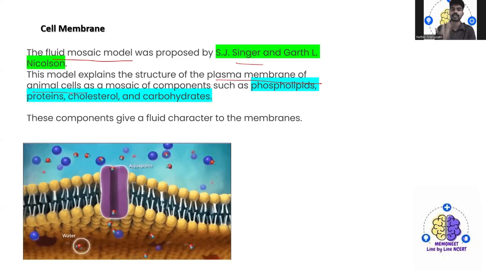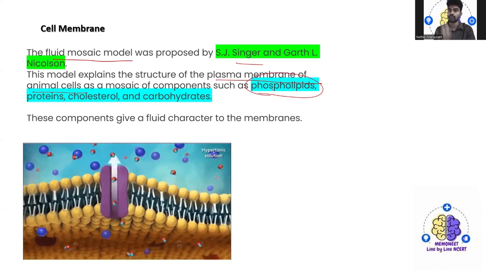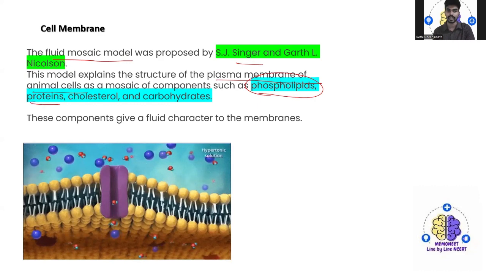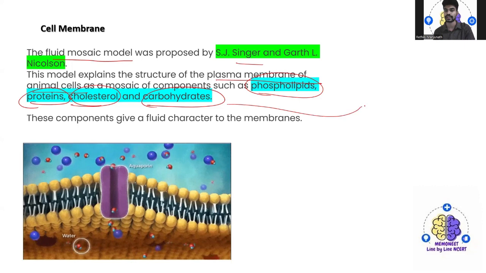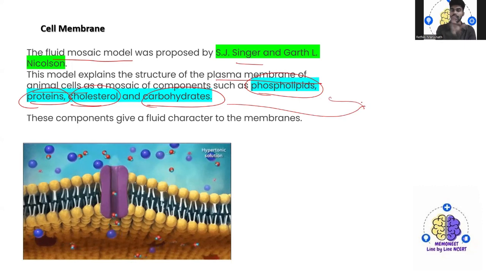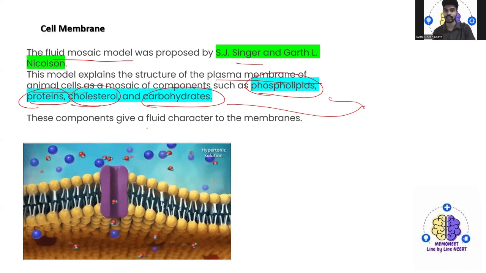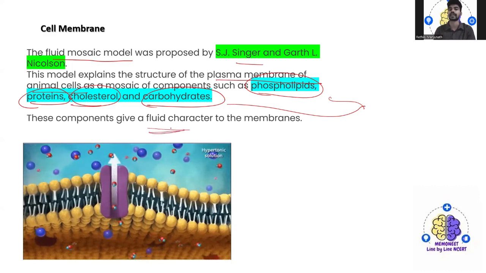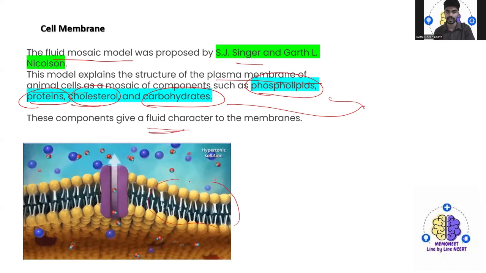It consists of phospholipids, proteins, cholesterol, and carbohydrates. This is very important: these are the components which the plasma membrane consists of. These components give a fluid character to the membrane. Okay, so this is how you will initially see the structure.